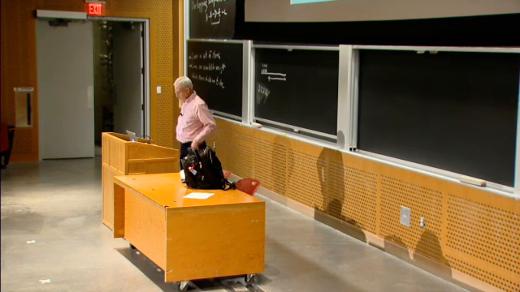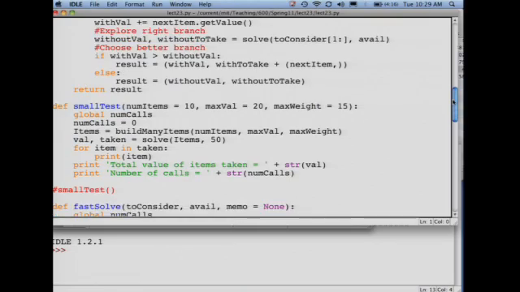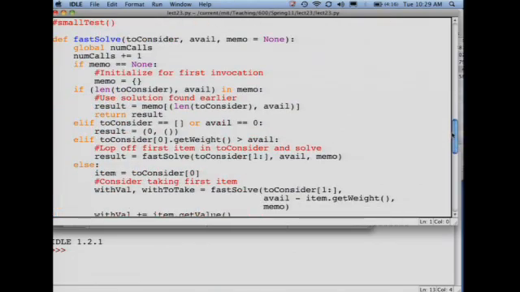All right, so now let's look at a dynamic programming solution. I've just taken the example we looked at before of solve, made it fast solve, and I've added a parameter of memo.